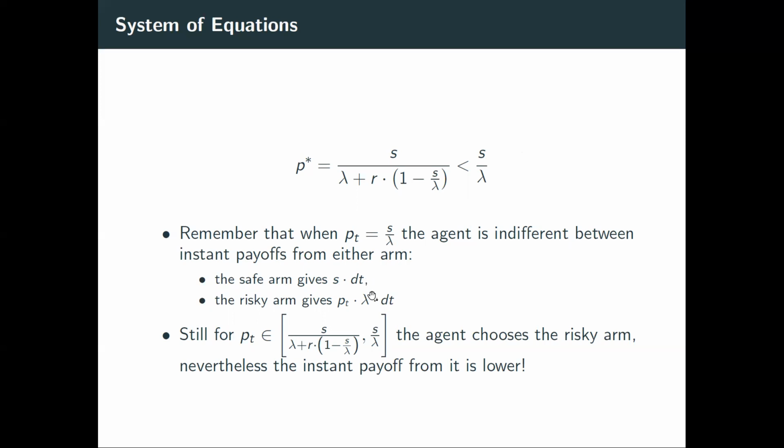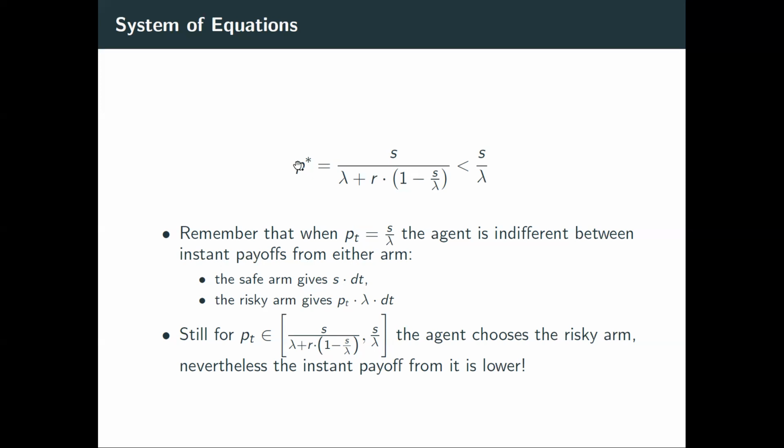And the risky arm, in the same time period, if it's bad, gives you 0. If it's good, which happens with probability PT, it gives you the lump sum of 1 with probability lambda times dt. So in total, it gives you this instantaneously. And exactly when PT is equal to this fraction, you are myopically indifferent between these two options.